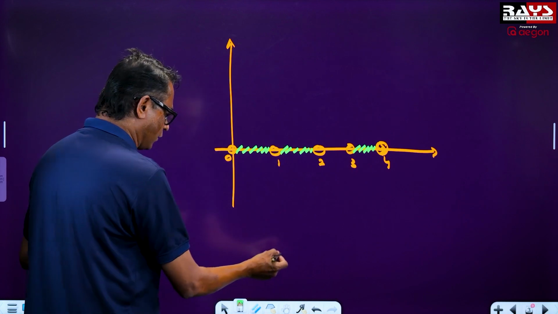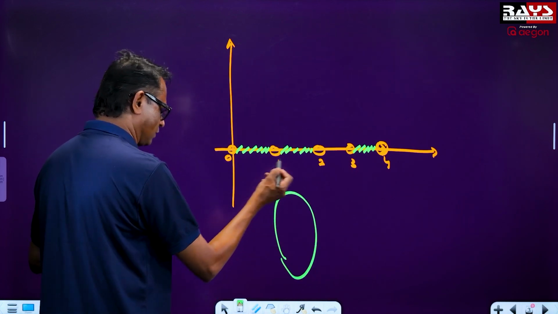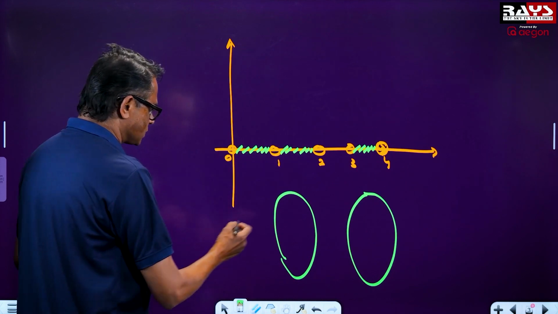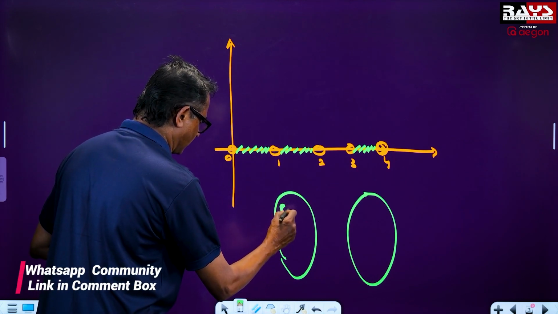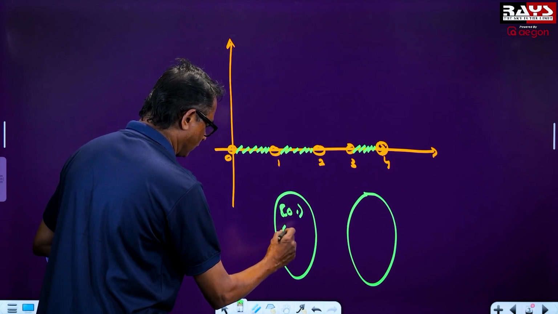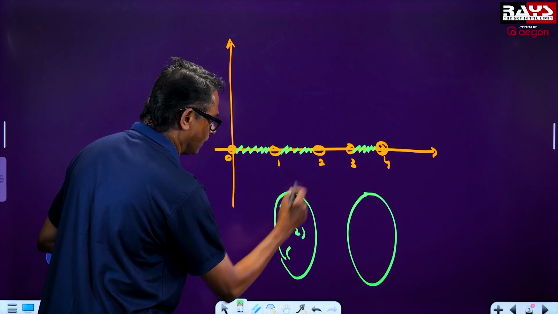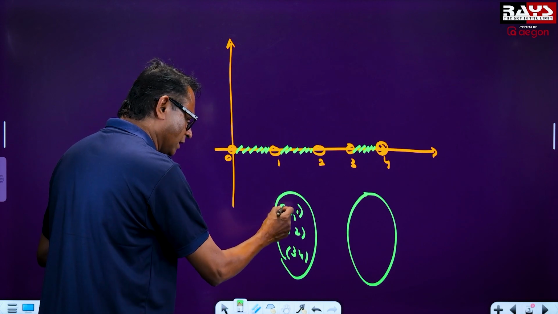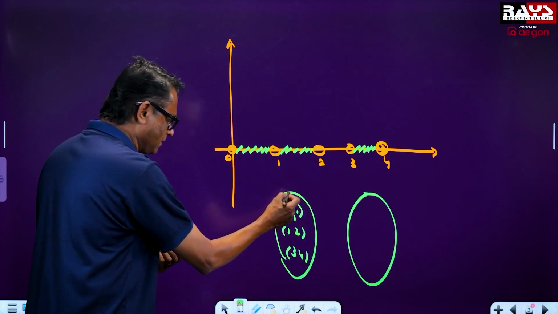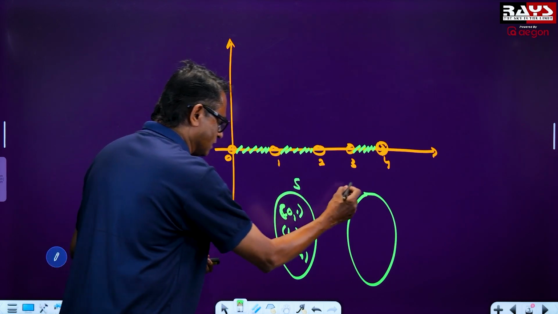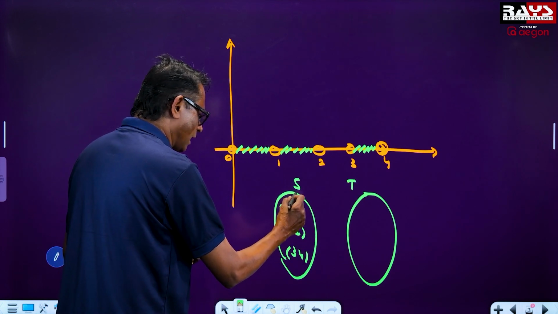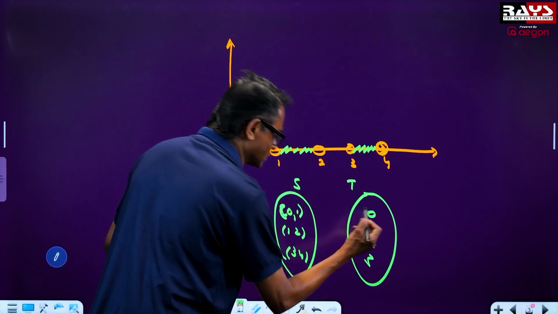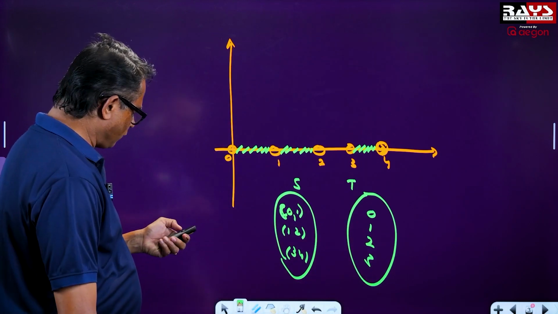Or rather, I would draw it as an arrow diagram. Suppose I take (0, 1), then (1, 2), then (3, 4). Each is an open interval containing infinitely many points. So this is S and this is T. S is an infinite set, and T is {0, 1, 2, 3}, a finite set.